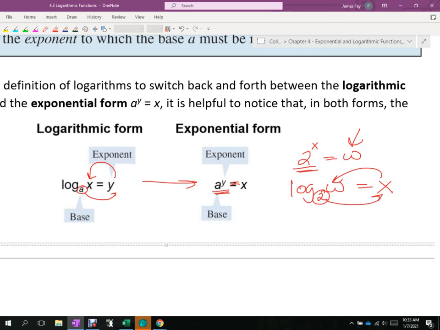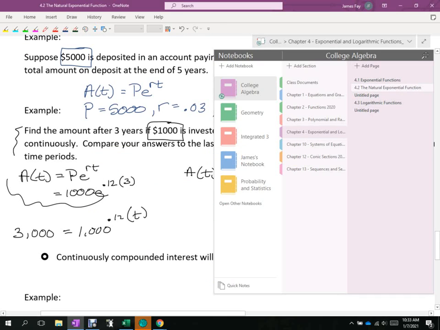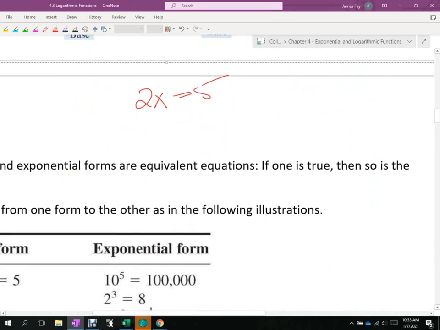It's like adding and subtracting are inverses, right? Multiplying and dividing. If I have 2x equals 5, there's multiplication happening right here, right? So what operation do I need to solve for x? I need its inverse, division, right? So if I've got an equation where I'm solving with exponentials, then in order to do that, I need its inverse. Okay, so that's kind of where we're going with this.